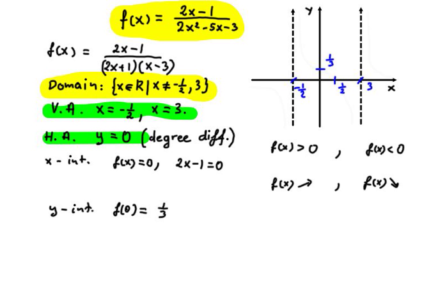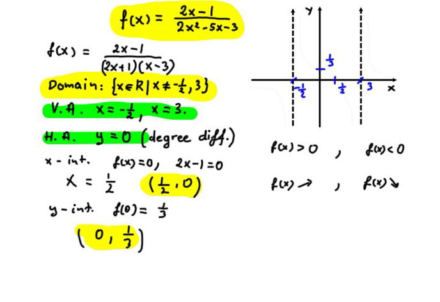So let's find that. How do you find the x-intercept? Simply set the numerator equal to 0 and solve, which leads to the point 1/2, 0. Y-intercept: set x to 0 in this equation, and you will get 1/3.